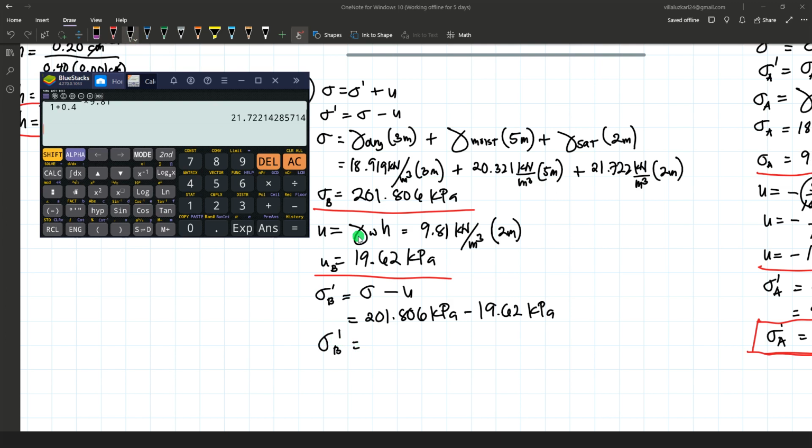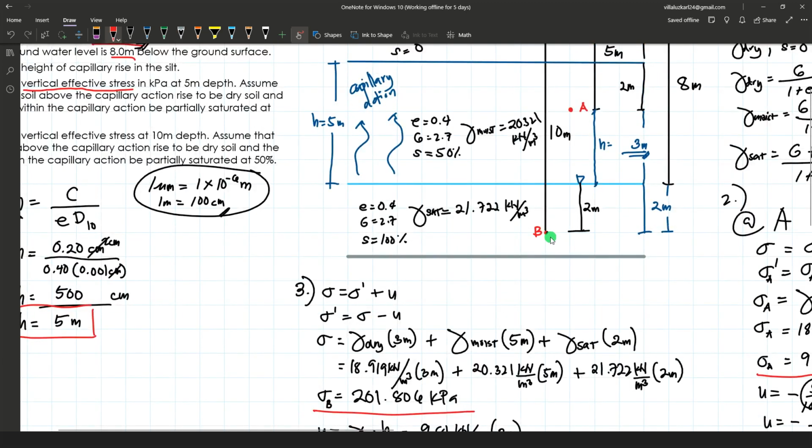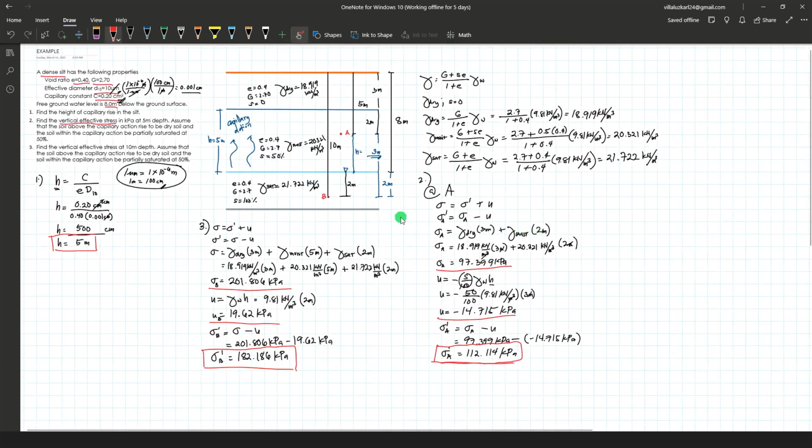The effective stress is 182.186 kilopascal. So that's the answer, and this is also the final answer, the effective stress at 10 meters below the surface. So that's how we solve a problem which involves capillary action on soils.